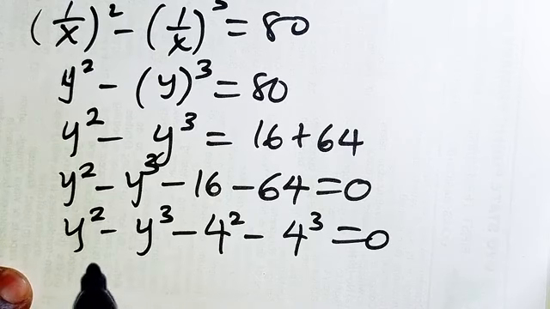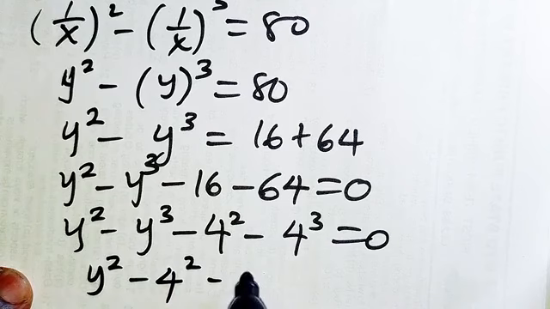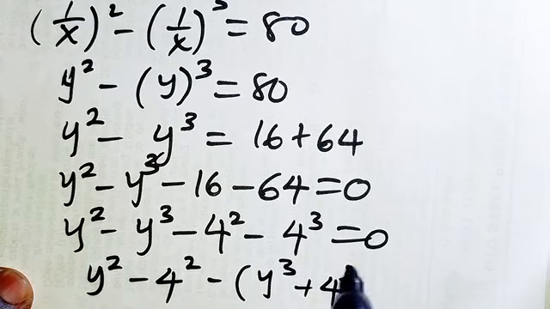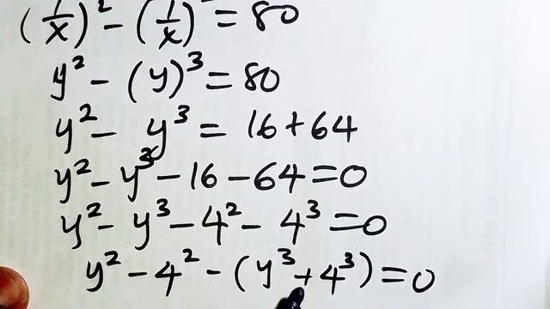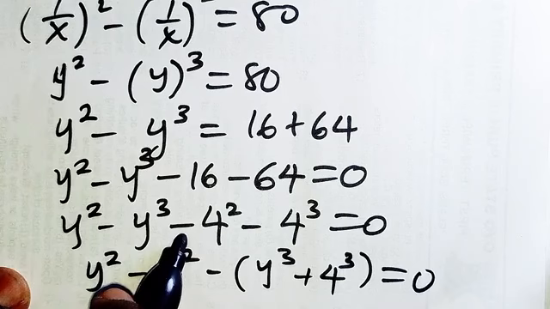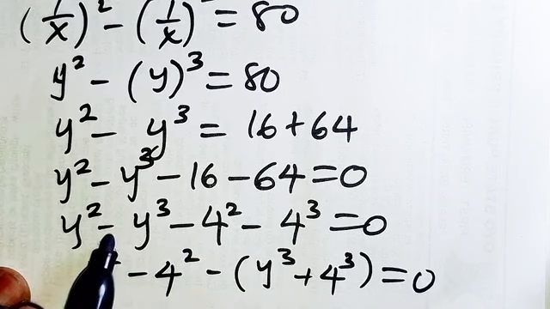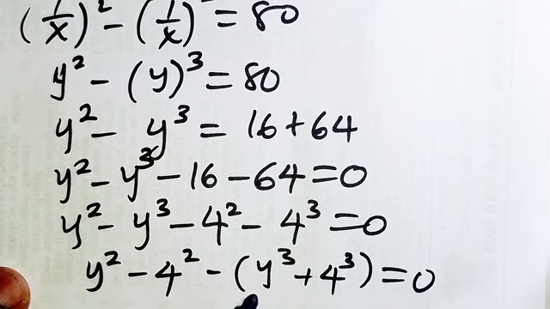So I'm going to have y squared minus 4 squared, minus (y to power 3 plus 4 to power 3), equals 0. The reason I have plus here is that I factorized minus 1 out, because we have minus y to power 3 and minus 4 to power 3.